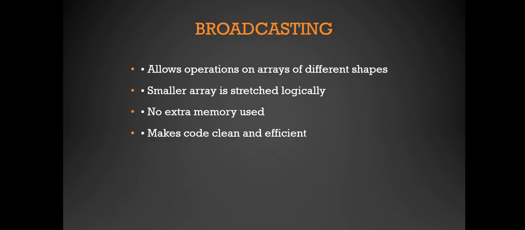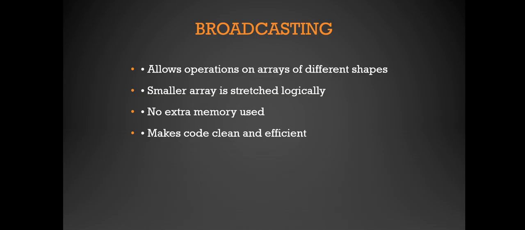Broadcasting allows operations on arrays of different shapes. If it is a 1D array, you can perform an operation with a 2D array. The smaller array is stretched logically, no extra memory is used, and it makes code clean and efficient. That's all. NumPy applies operations automatically on arrays of different sizes.